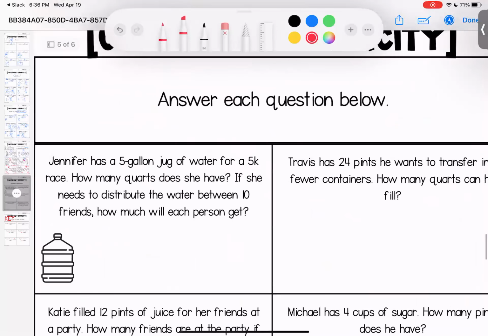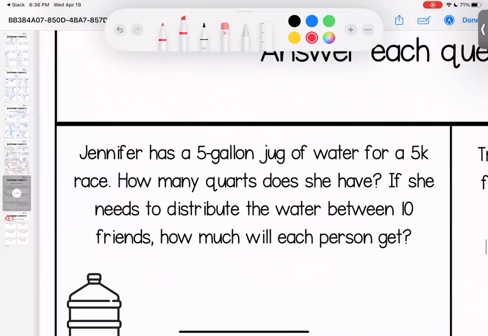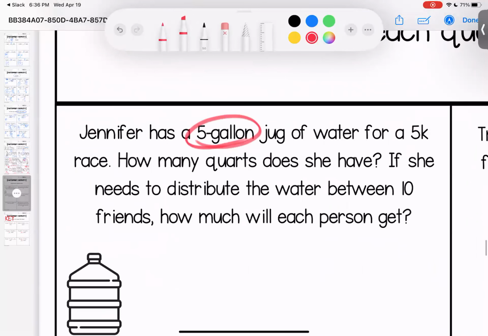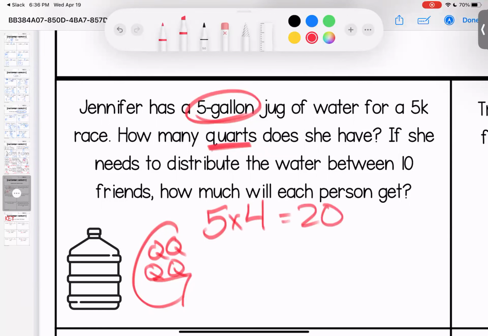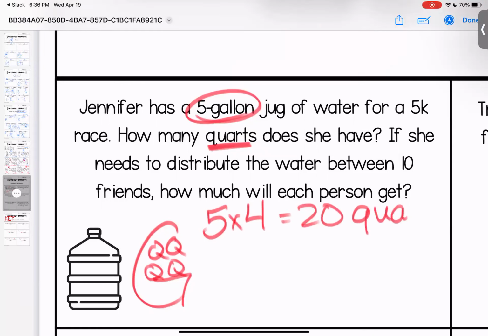All right, now gets into the land of word problems. Let's do this. Jennifer has a 5-gallon jug of water for a 5K race. How many quarts does she have? Let's start with that. If a gallon has 4 quarts, then 5 gallons is 5 times 4, or 20 quarts.